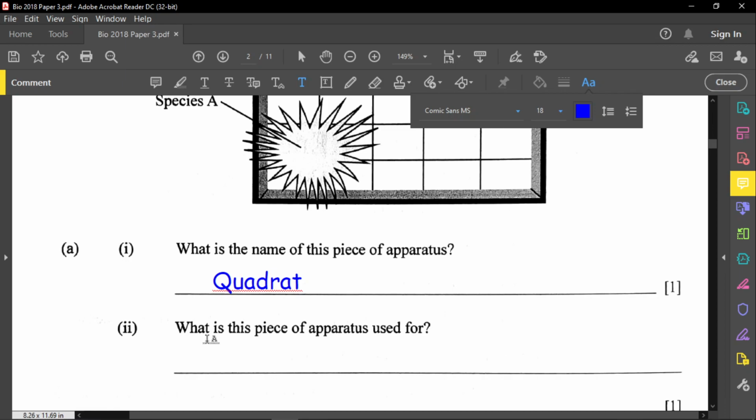Now let's go to part 2 of this question. It said, what is this piece of apparatus used for?